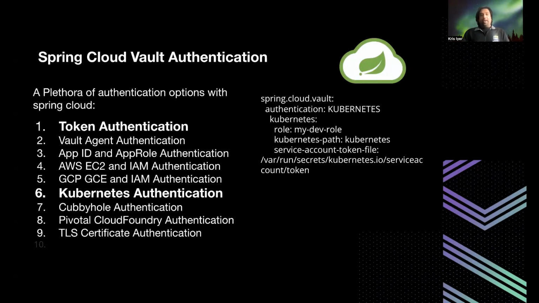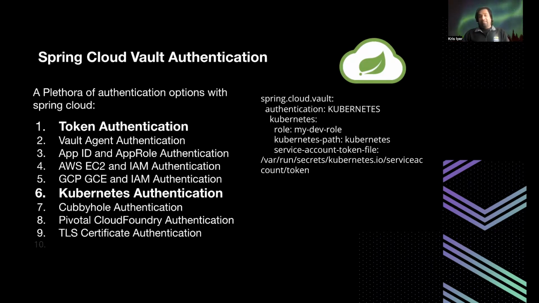It also supports a variety of authentication frameworks. Token authentication is very popular. You would use that for local development, for example. You have your cloud provider-based authentication schemes like EC2 and IAM for AWS, or Google Cloud Compute Engine for GCP. Kubernetes authentication if you're in a Kubernetes deployment environment, and likewise a bunch of others.